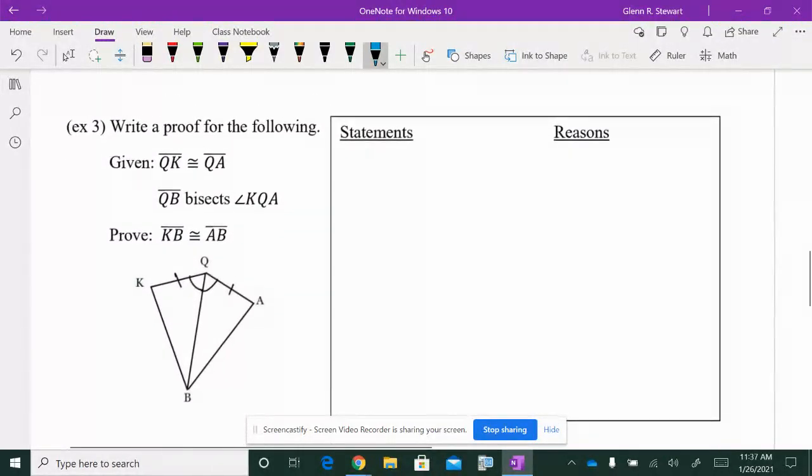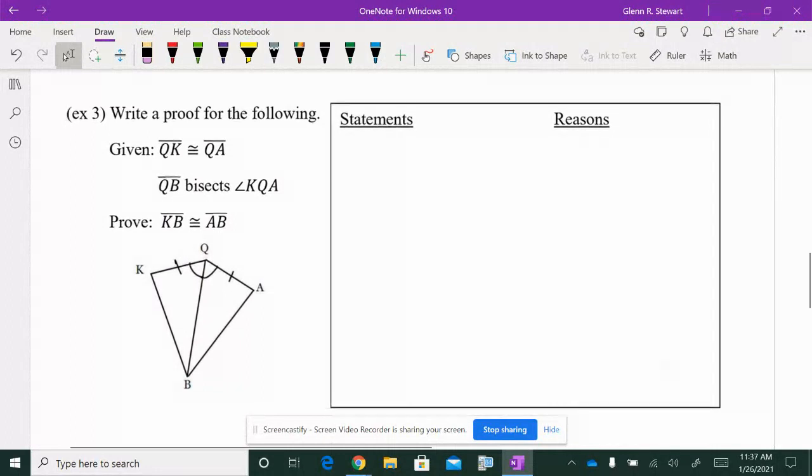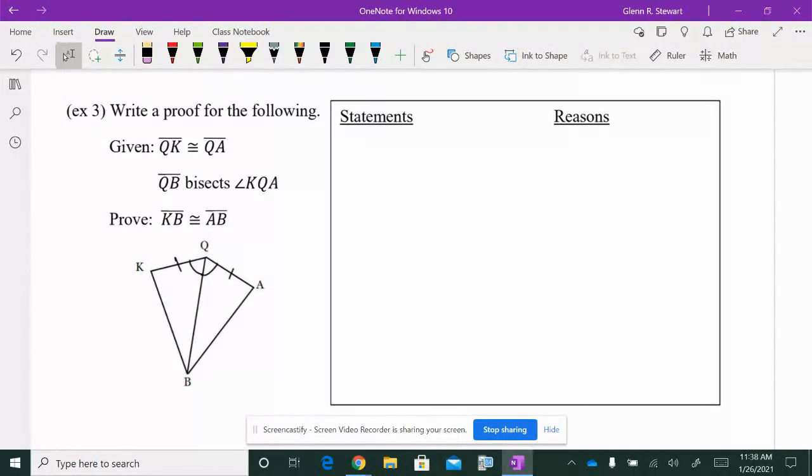For our last example, we are going to do a proof. Given that QK is congruent to QA and QB bisects angle KQA, we're going to prove that side KB is congruent to side AB. We're going to do this using CPCTC, but first let's write our first two statements here.